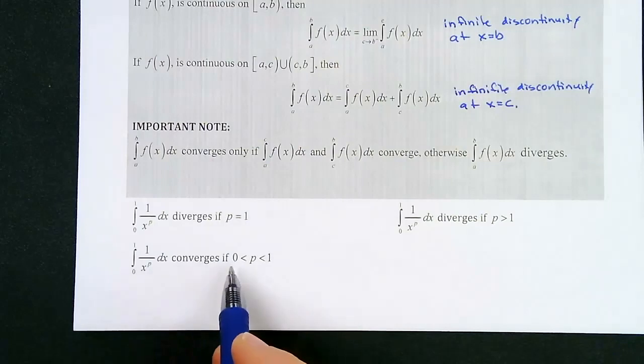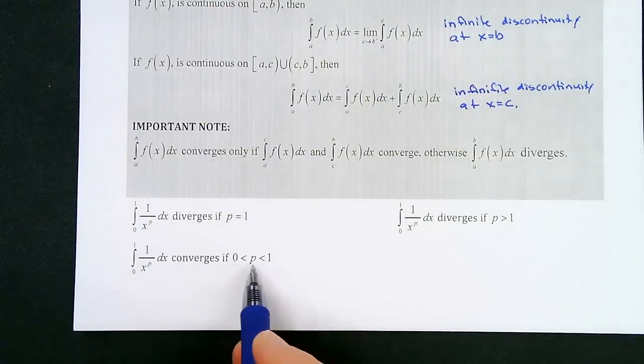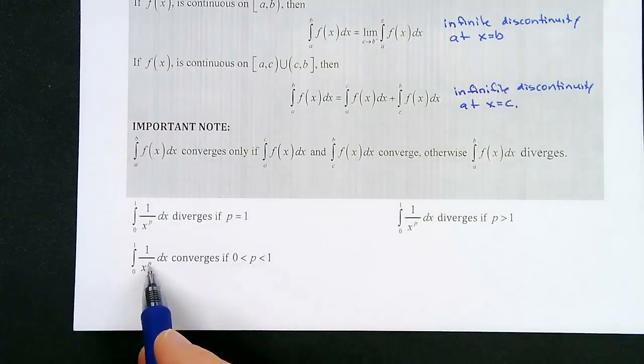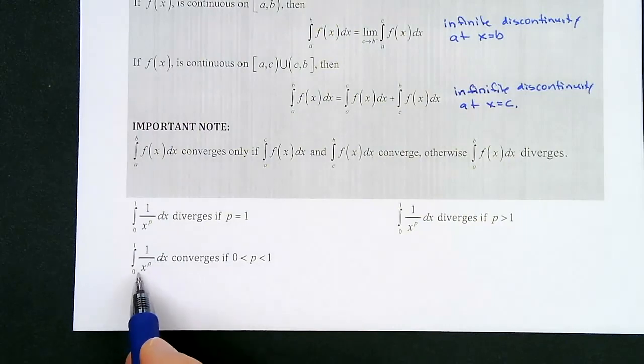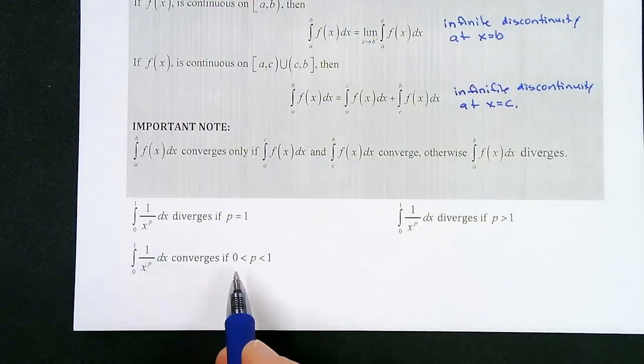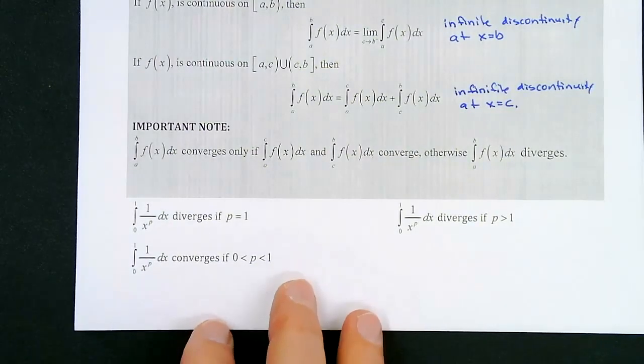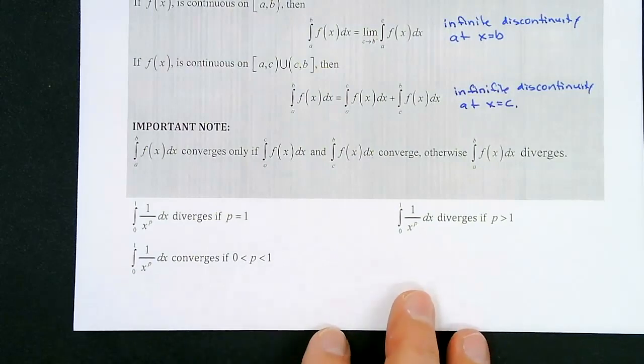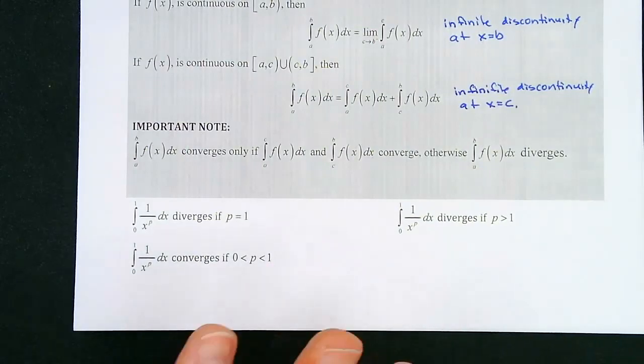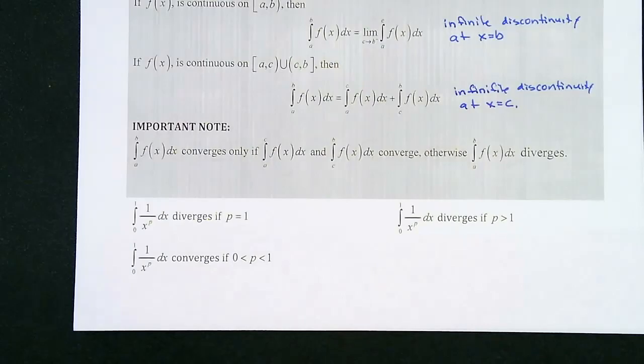If the power of x is between 0 and 1, so like x to the 0.5, x to the 1/4, any of those, then it converges. It's actually going to come to a value. And we're going to need this to know whether these are going to converge or diverge, and we can use this to tell us really quick on these specific types of functions.